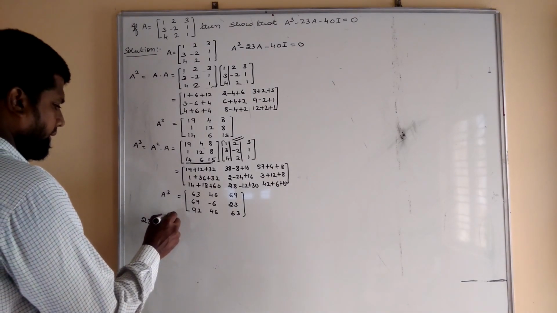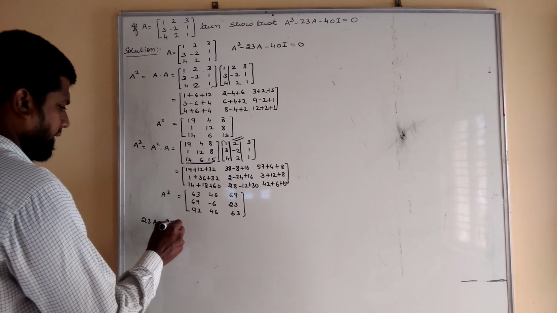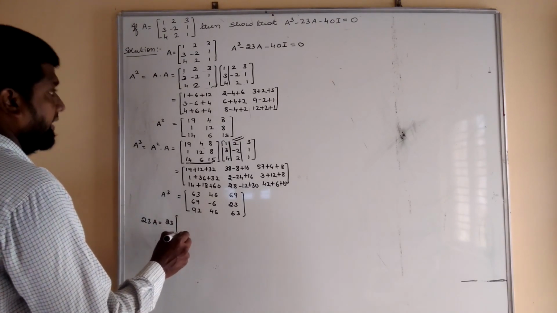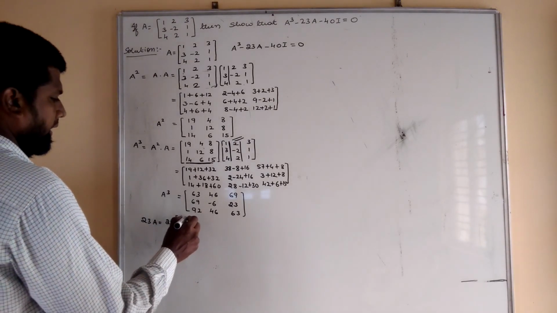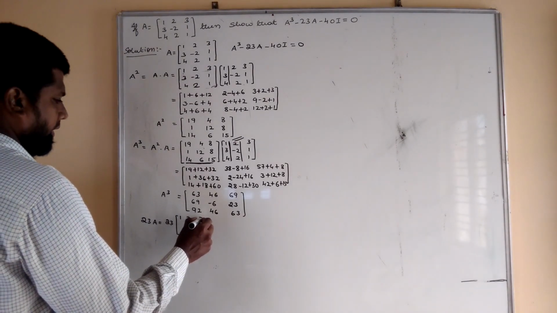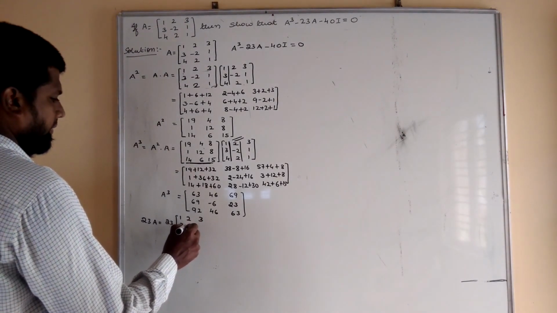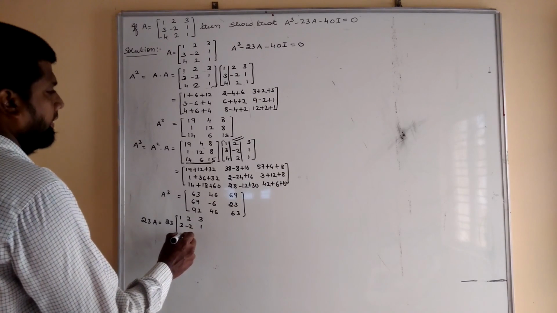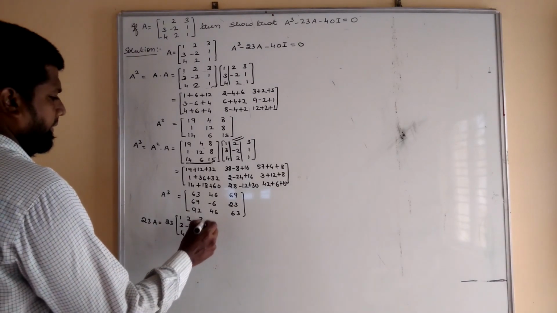So we know the A value. 23 is considered as a constant scalar multiple. 1, 2, 3, 3, minus 2, 1, 4, 2, 1.